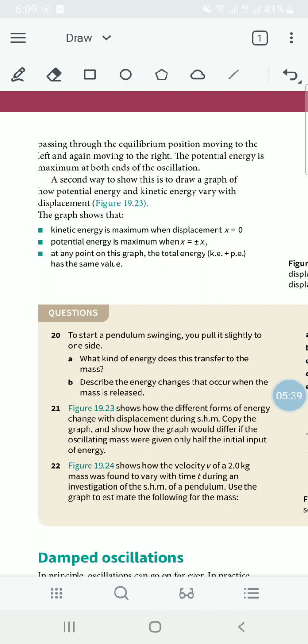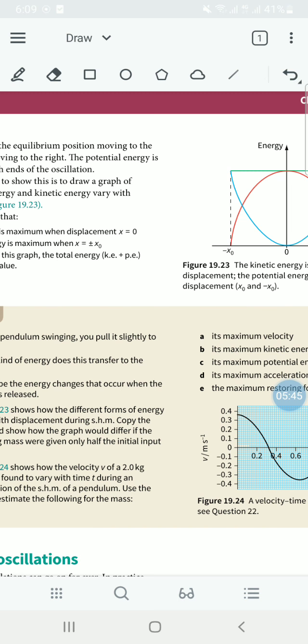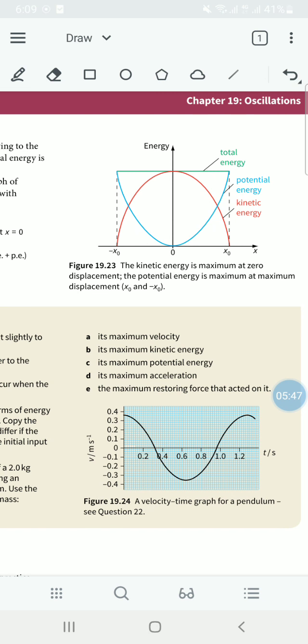A second way to show this is to draw a graph of how potential energy and kinetic energy vary with displacement. This is figure 19.23. The total energy is shown by the green line and remains constant at the top. Potential energy is at its lowest at the equilibrium position.